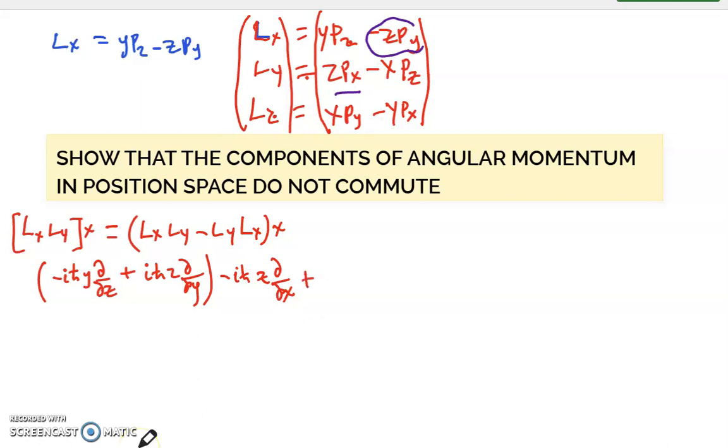This will be plus i h cross, now this is going to be x, and then d/dz. We do the same for Lz, which is x py minus y px.